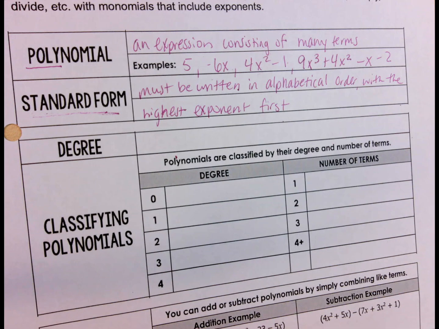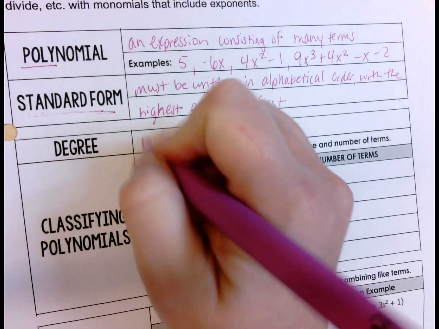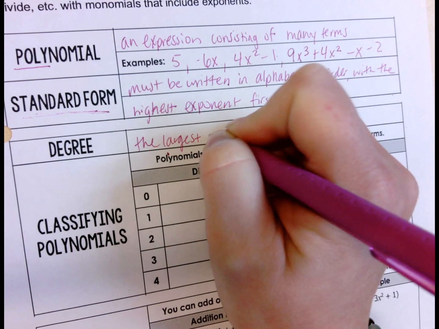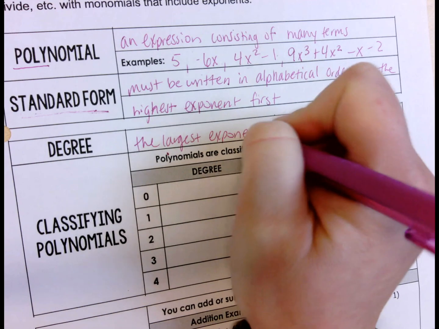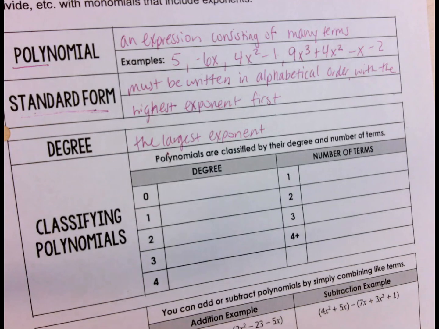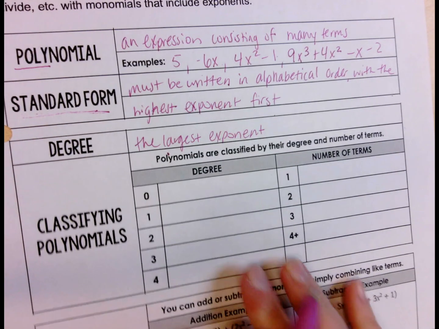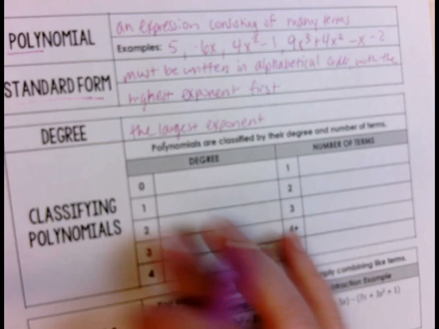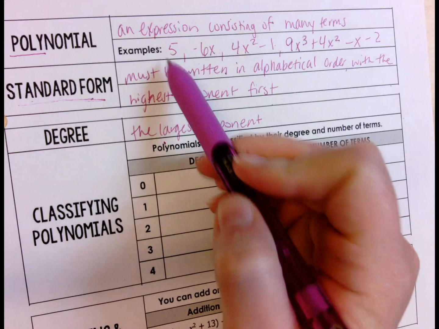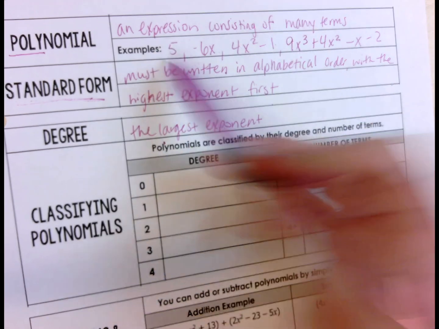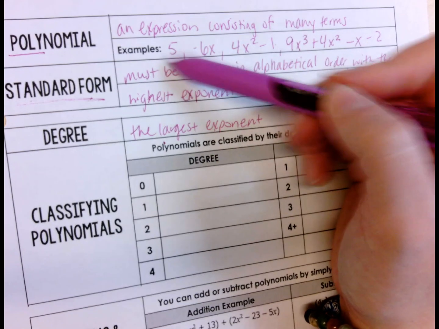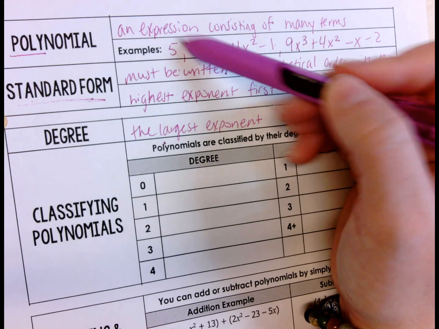All right, and so then a degree is the largest exponent. So when we're looking at a polynomial, the largest exponent in one of those terms is considered the degree of the term, okay? So for example, if we're dealing with something that has no exponent, like the number 5, there's no variable, so it's going to have a degree of 0.